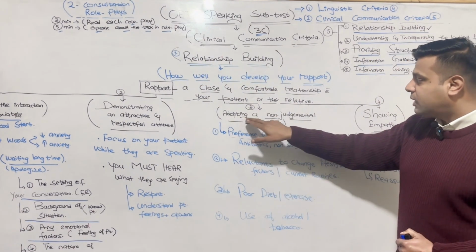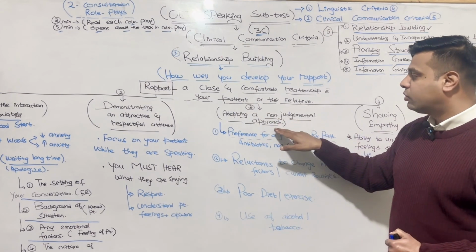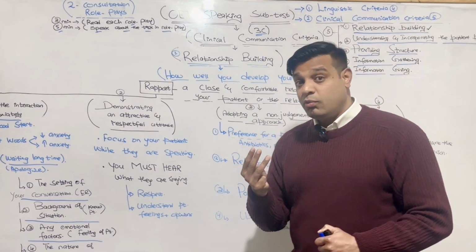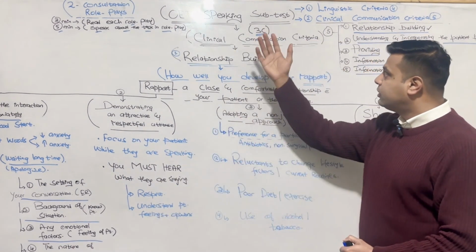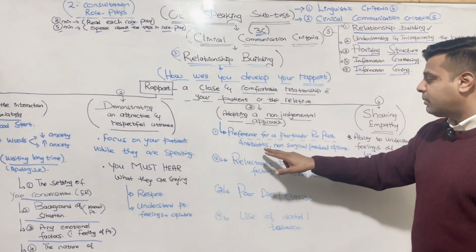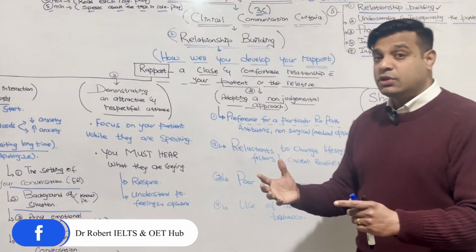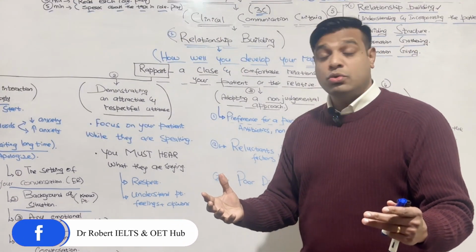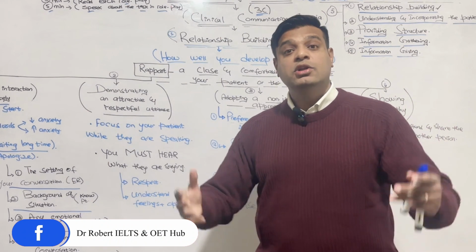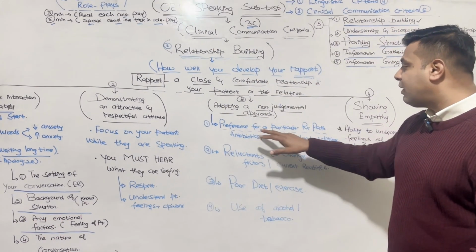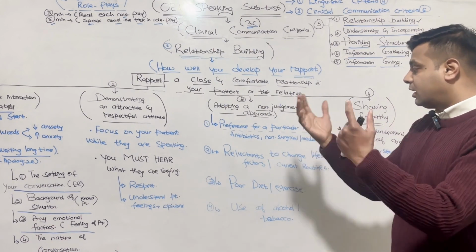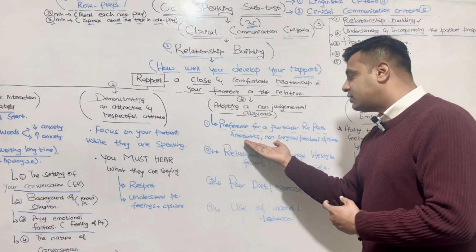Now, adopting a non-judgmental approach is the third thing which one must know in order to achieve a high score in the OET speaking sub-test. What is meant by that? Many people have their own choices. We should not be judgmental to any patient. For example, many patients prefer a particular treatment path. Many will like antibiotics.